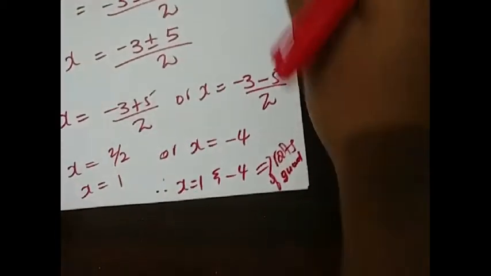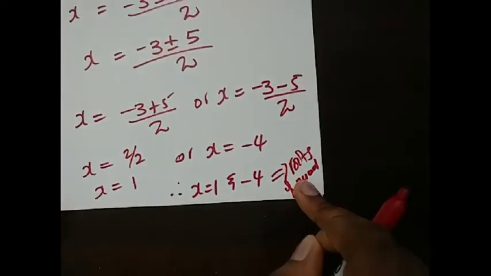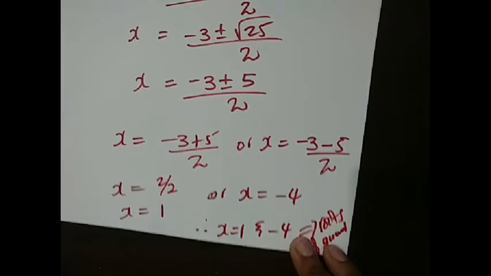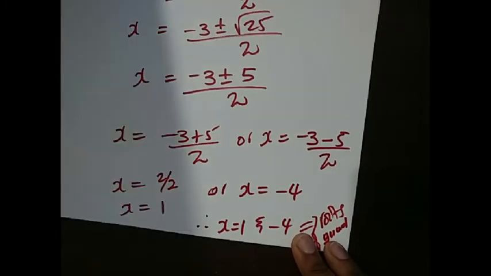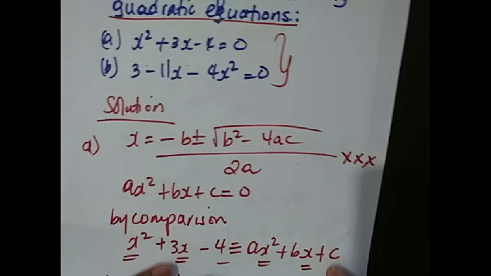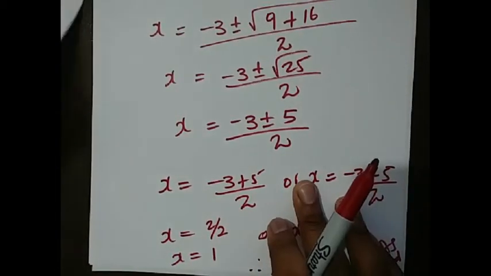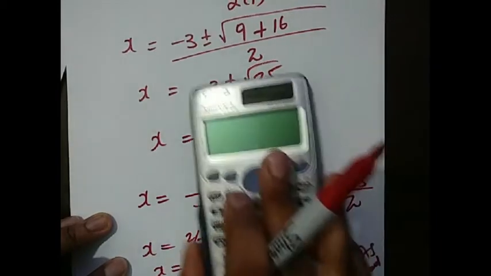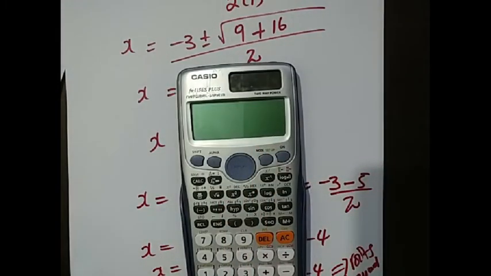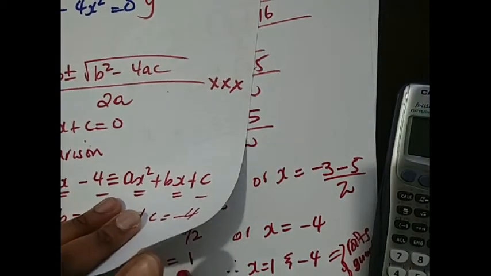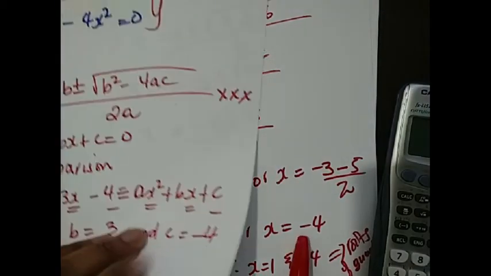Once we have found the roots, that means we have solved the quadratic equation for the variable x. Remember we said solving means finding what values of x will make the equation true. So in our question x is 1 or negative 4.